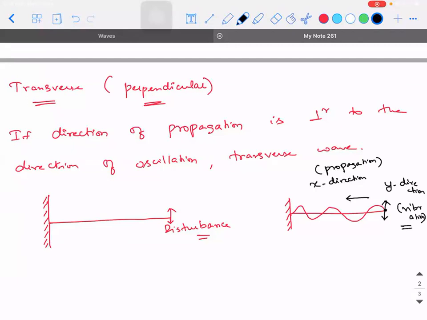Am I right? So if the direction of vibration and the direction of propagation are perpendicular to each other, then that kind of wave is called a transverse wave. The best example that we can see here is a string connected at both ends, or with one of the ends oscillating.